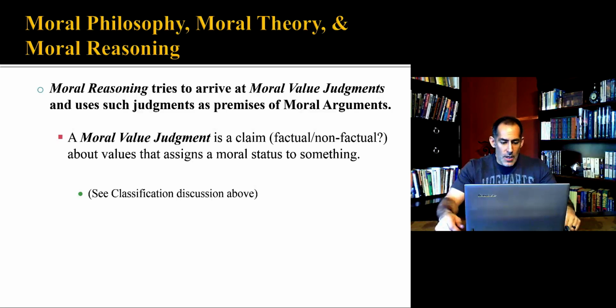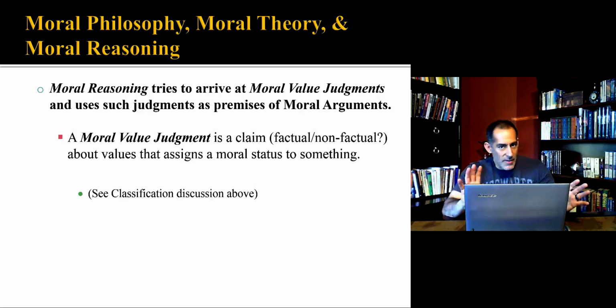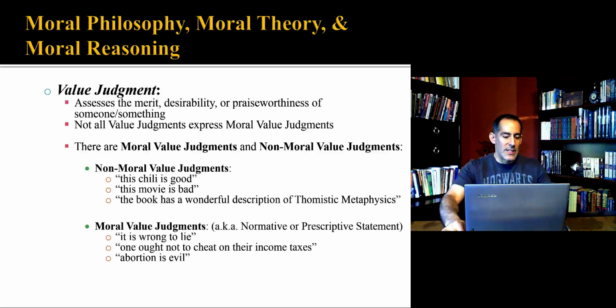And there are lots of things that we're going to consider to come to our conclusions. Moral reasoning tries to arrive at what we call a moral value judgment. So again, going back to that idea of a moral value judgment. Again, it says claim, factual, non-factual, depending on how we classify it. But we do want to talk a little bit about what the nature of a moral value judgment is in the course of making an argument.